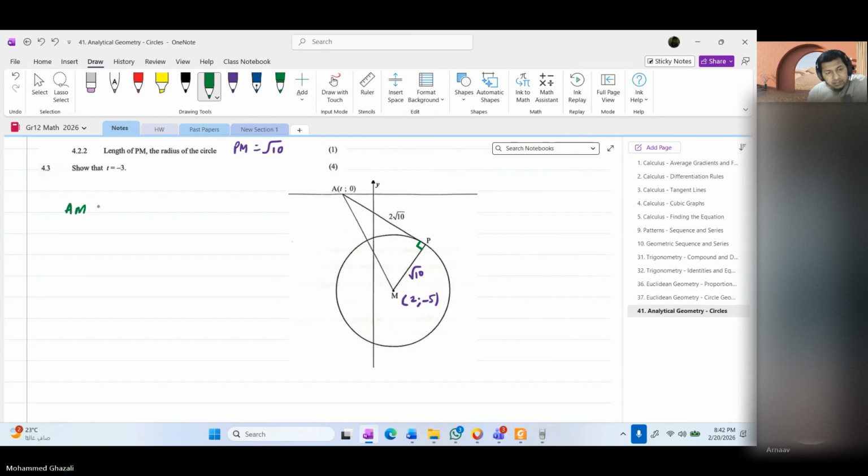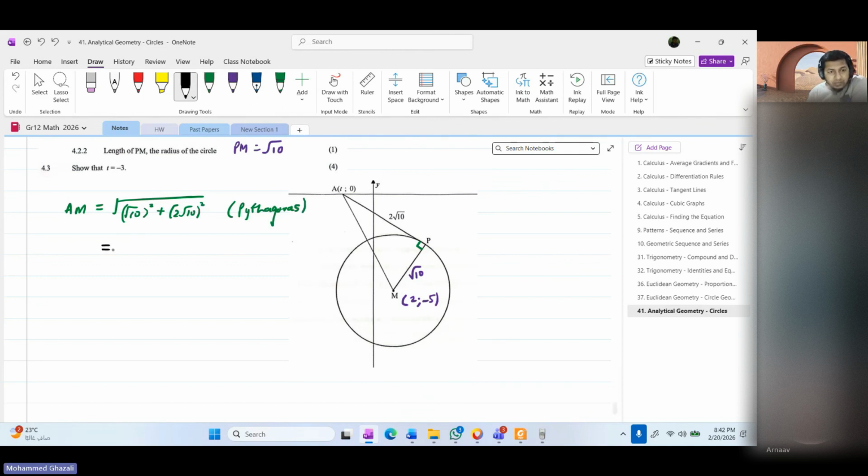AM is the hypotenuse, all right? AM is equal to the square root of root 10 squared plus AP squared, which is 2 root 10 squared, because I'm using Pythagoras. I have a right-angled triangle here.